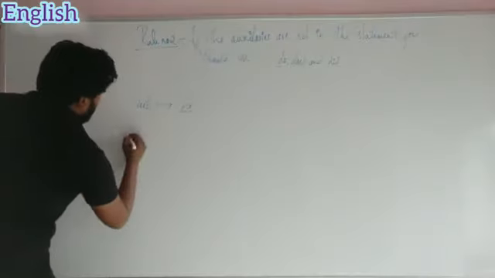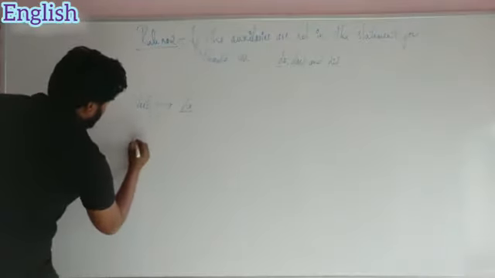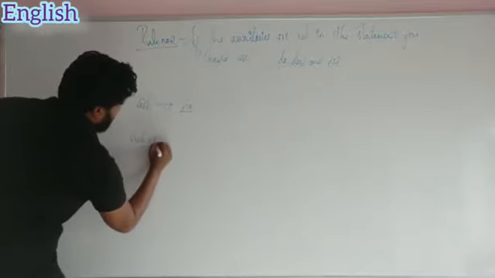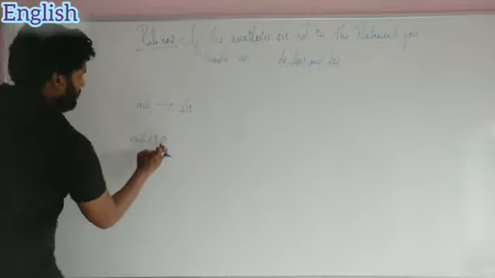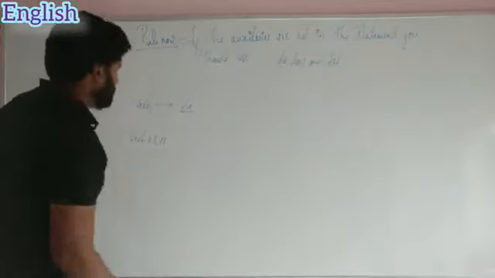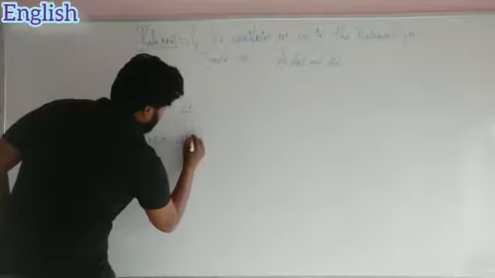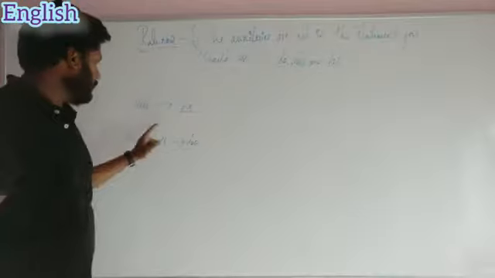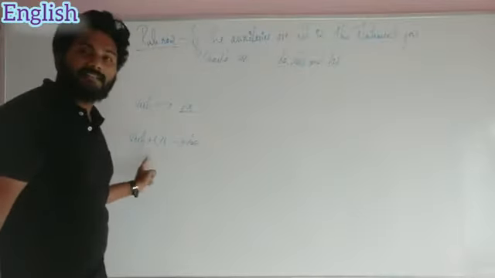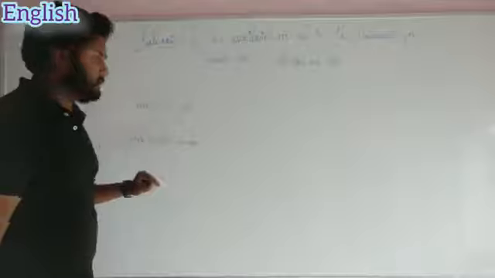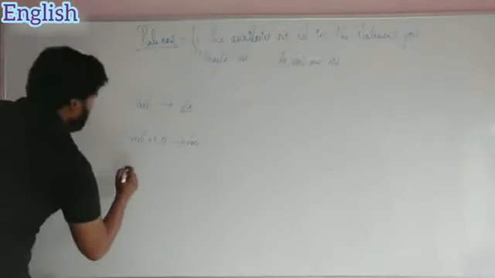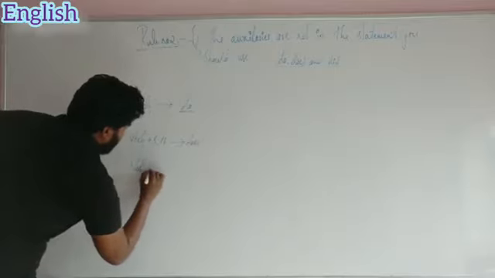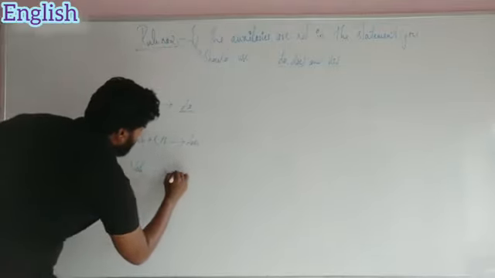And second one, if the verb is in the first form which has s or es, you should use does. First form of verb: do. First form of verb which has s or es: does. Depending on the verb. And third one, if the verb is in the second form, you should use the word did.